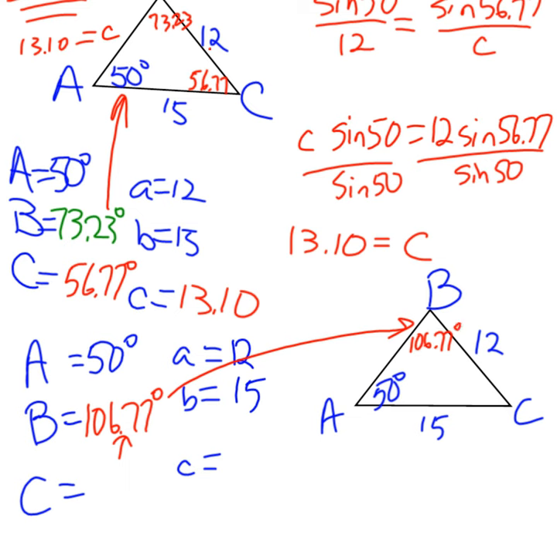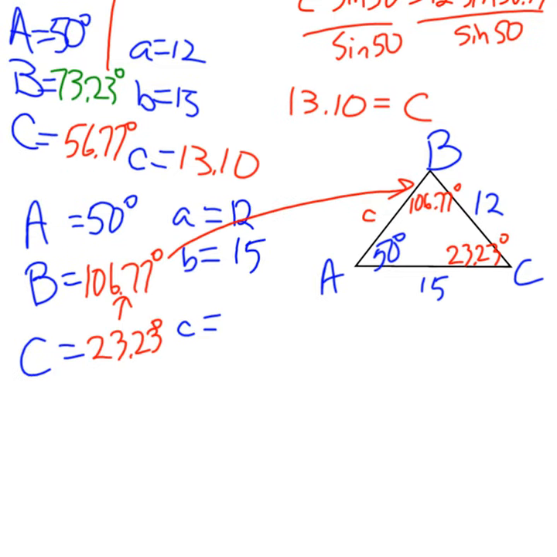And now I still have to find this missing angle C. I can just add those two angles together and subtract from 180. 106.77 and 50 is 156.77. Subtracting from 180 is 23.23 degrees. So I found this missing angle here, 23.23 degrees.